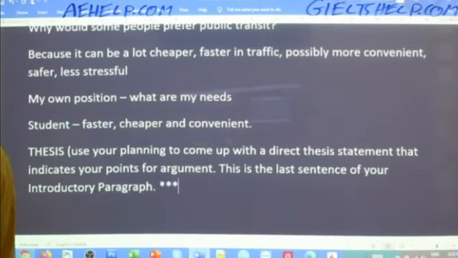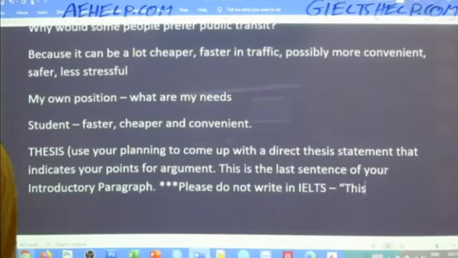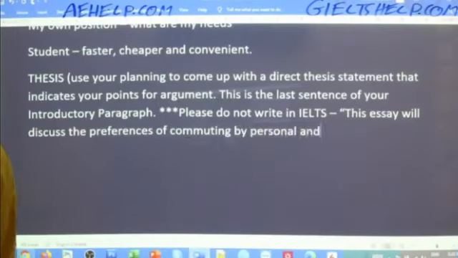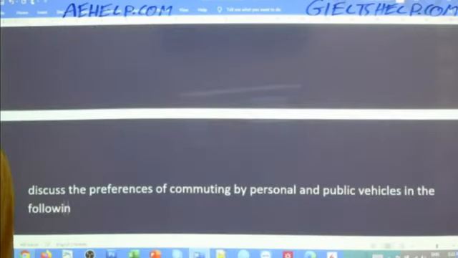Note, students, please do not write in IELTS: "This essay will discuss the preferences of commuting by personal and public vehicles in the following paragraphs."